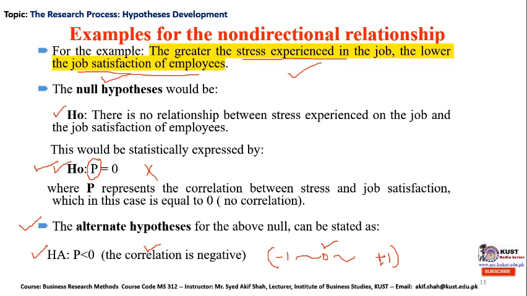The material was supporting the hypothesis in a negative fashion, that the greater the stress experienced on the job, ultimately it can reduce the job satisfaction level of the employee. So therefore, we have hypothesized our alternative hypothesis by expressing that the value of correlation may be less than 0, and it will represent a negative correlation.